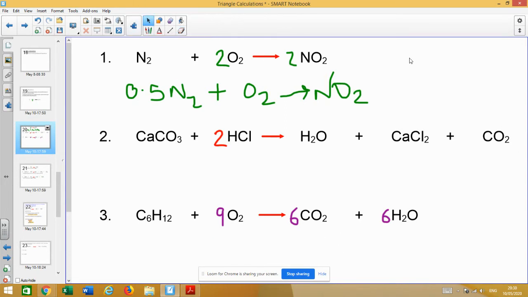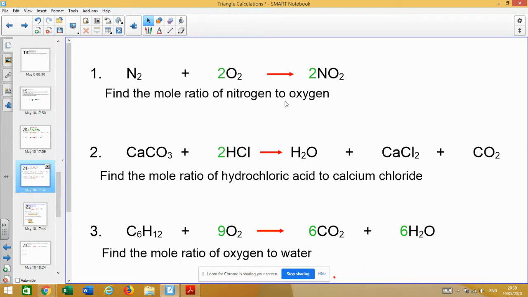So using these now, we can look at mole ratios, and mole ratios is how we would actually use the balanced equations in a calculation. So to find the mole ratio of nitrogen to oxygen, we're looking at these numbers in front of the chemicals. Now, if there's no number, that means 1. Chemists don't write the number 1, as you know from writing formula.